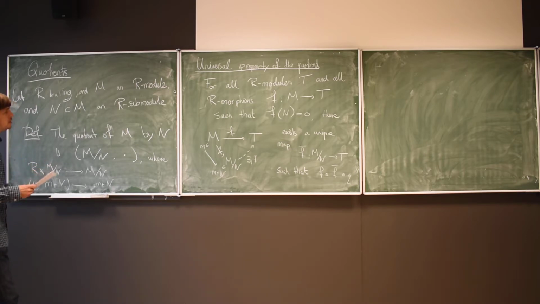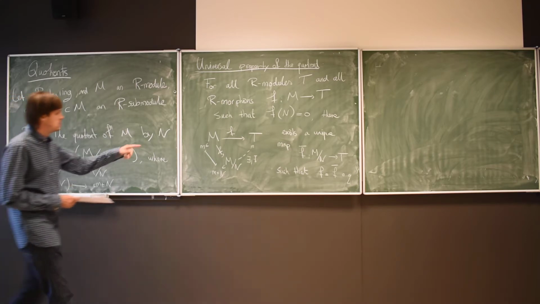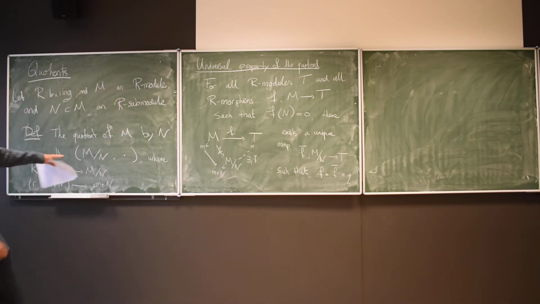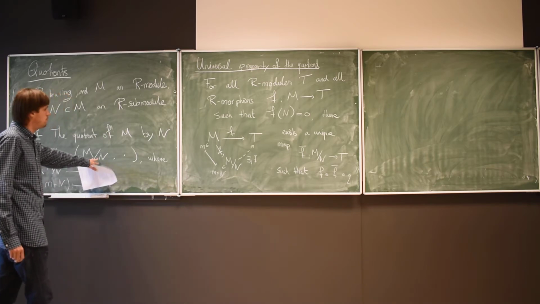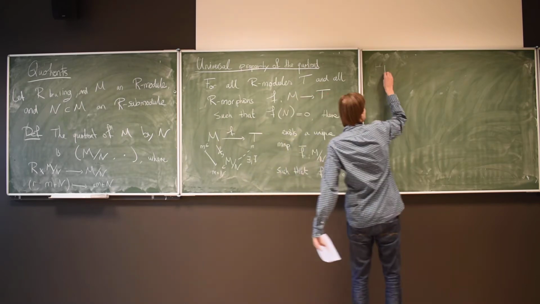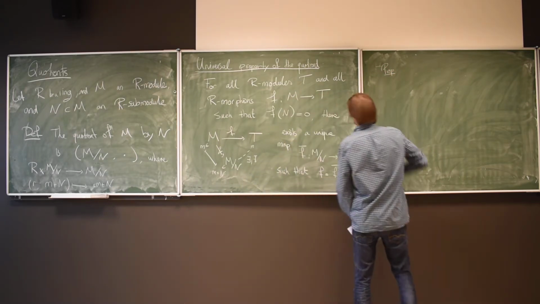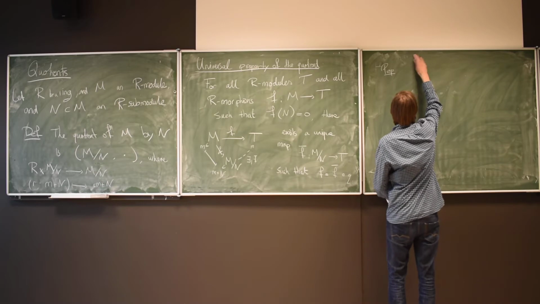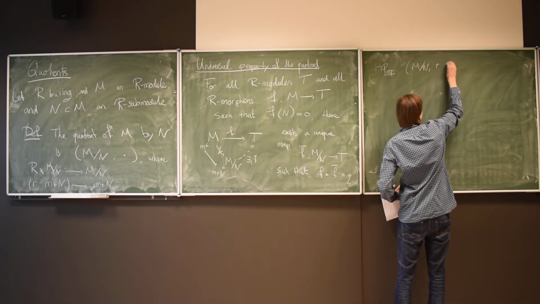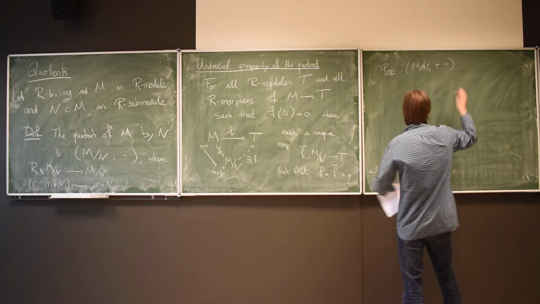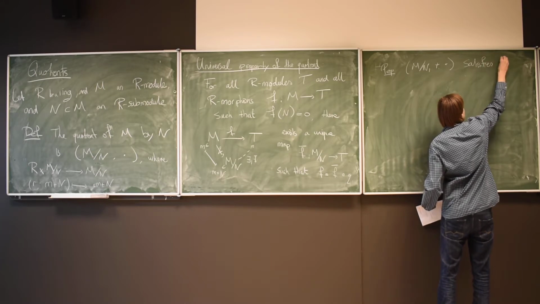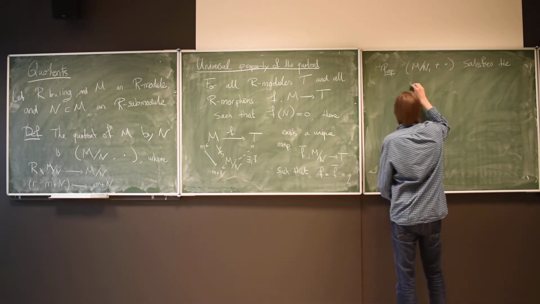Okay. So this universal property is one thing that I didn't do: this proposition that M mod N plus the multiplication, as I defined over there, satisfies the universal property.